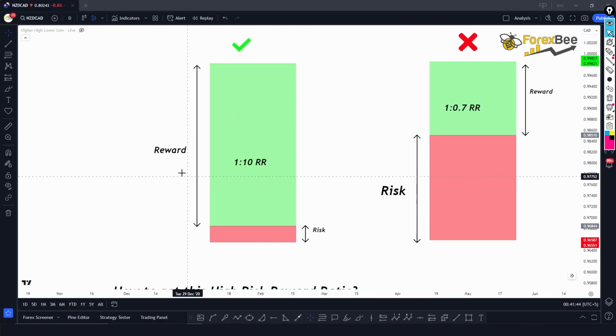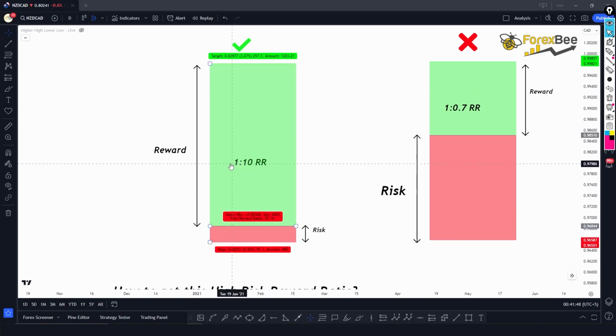For example, here you can see an example trade where the risk to reward ratio is 1:10. So if you had risked $20 or 2% of your $1,000 trading account, you would make $200 in each trade with this 1:10 risk to reward ratio.